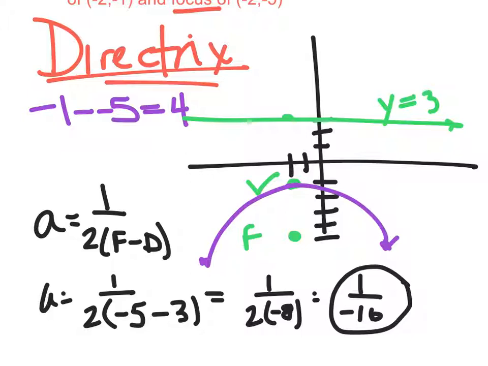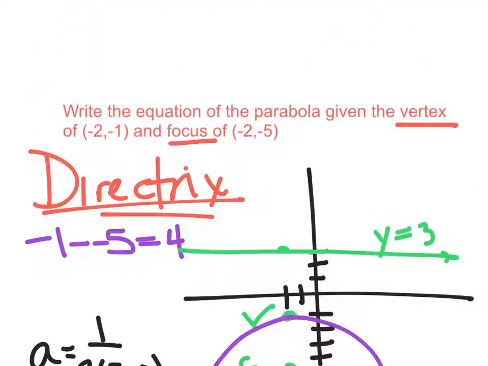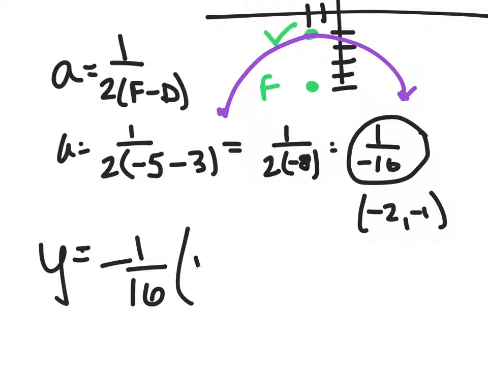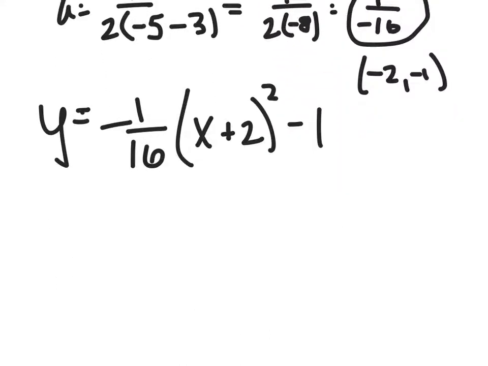And then my vertex they gave us was at -2, -1. And I'll just throw them in the equation. Y equals -1/16 times x minus -2, so x plus 2 squared minus 1. And again, I'm just going to write this out one more time, the different ways they could write this answer.